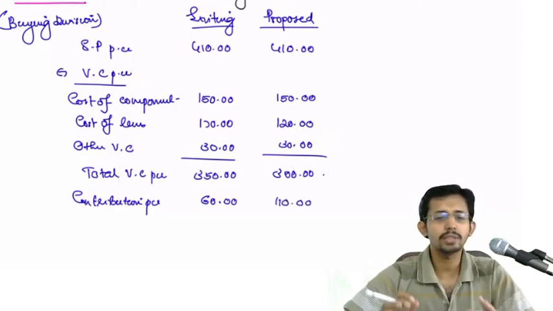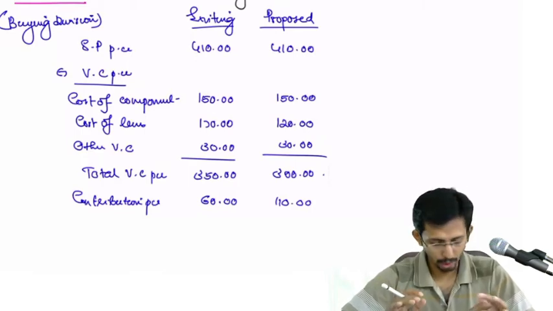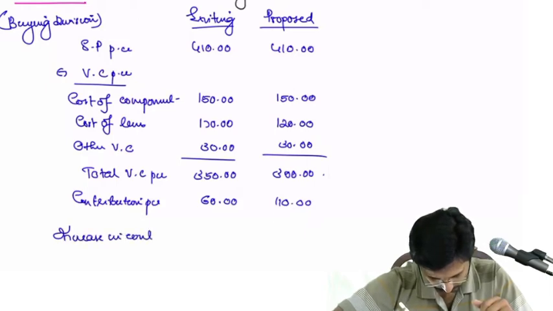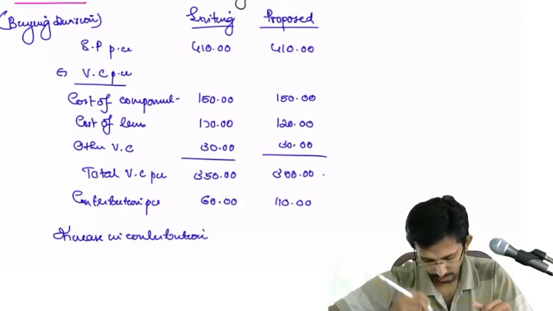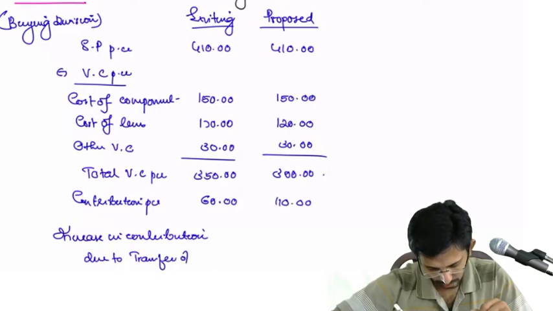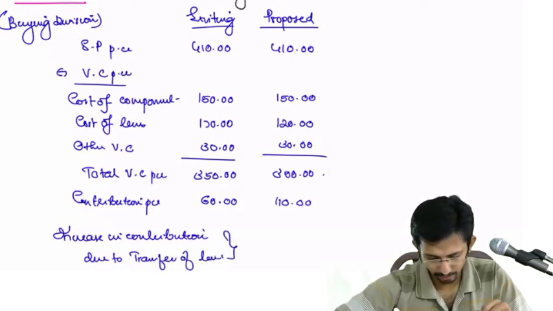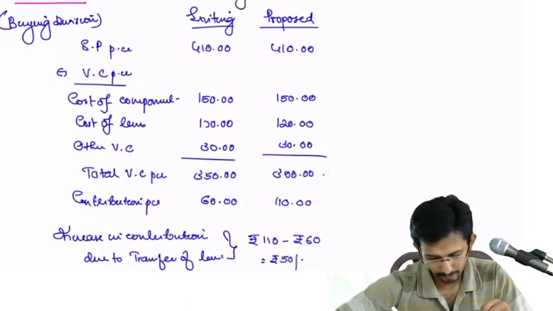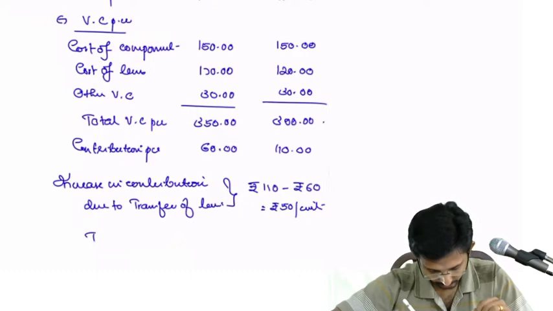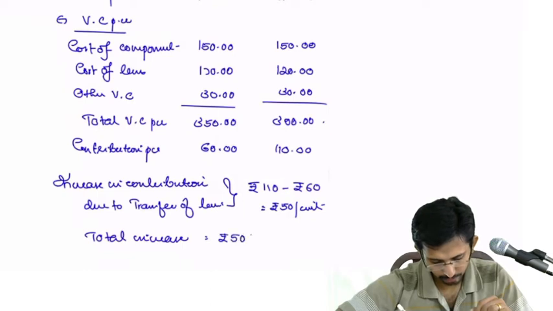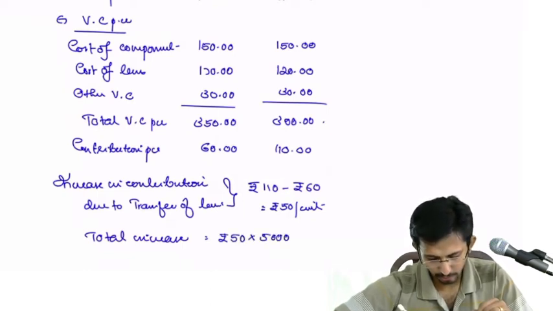So what is the impact of the transfer price on the contribution per unit of division B? Increase in contribution due to transfer of lens or internal transfer of lens. It will be rupees 110 minus rupees 60, that is rupees 50 per unit, and total increase will be rupees 50 into 5000.